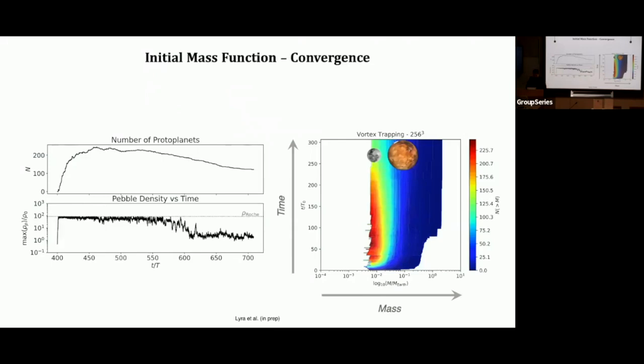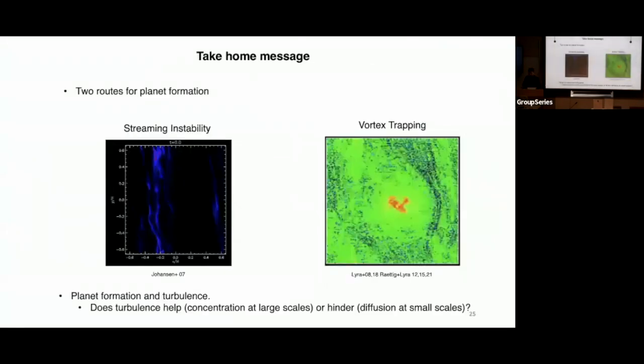So the take-home message of this part of the talk is that there are 2 routes to form planets. One is streaming instability, the other one vortex trapping. One seems to happen in the active zone, the other one in the dead zone.